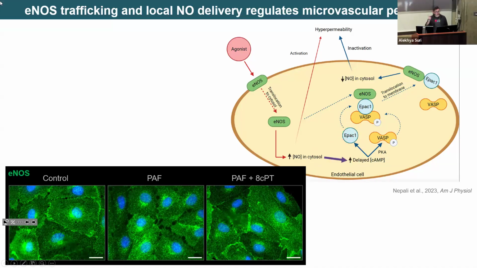And somehow, we don't really know why yet, activation of EPAC causes eNOS to move back towards the membrane. And it's the movement to the membrane that causes the termination, or the inactivation, of this inflammatory hyperpermeability.